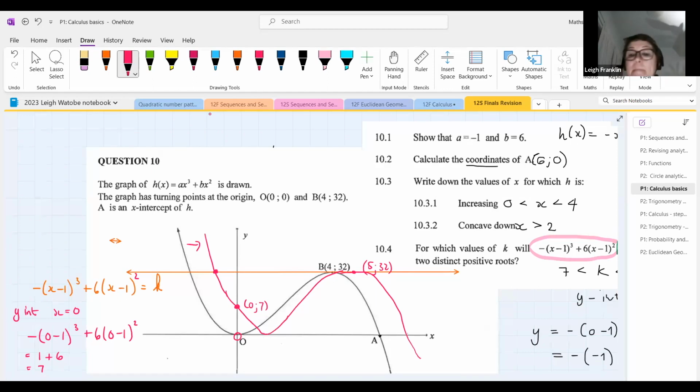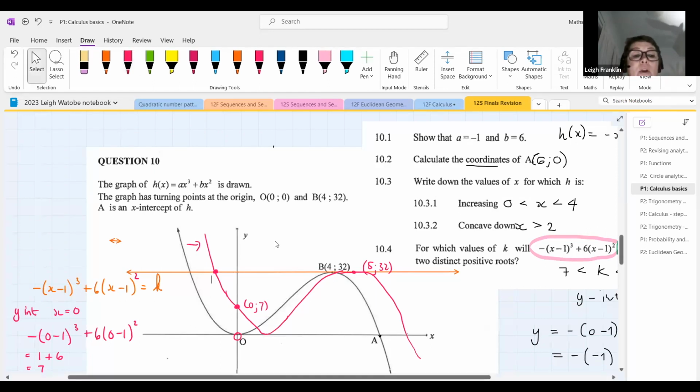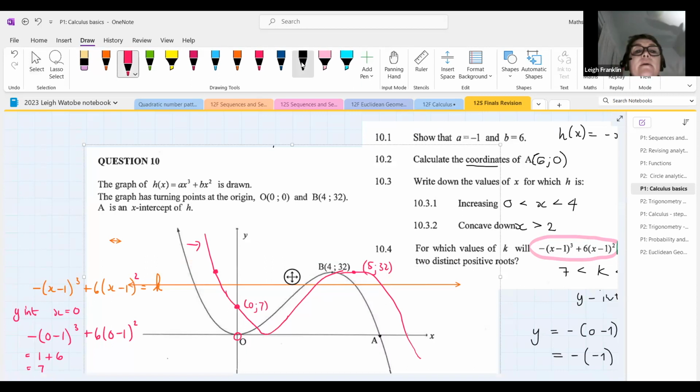If we move it above the turning point, above our local maximum, we're only going to have 1 root. So like there, it's only got 1 root. So going up is not the right direction. If I bring it down over here, now I've got what I want: a negative root, which is this bit over here. There's your negative root, and 2 distinct positive roots.